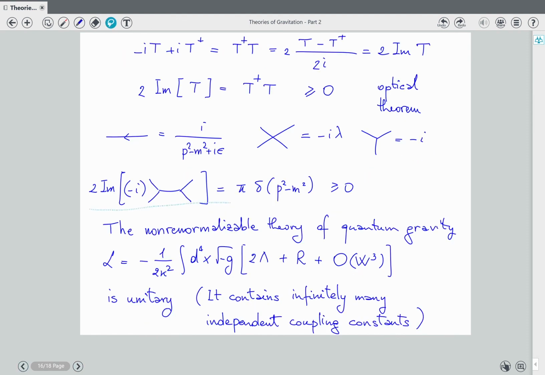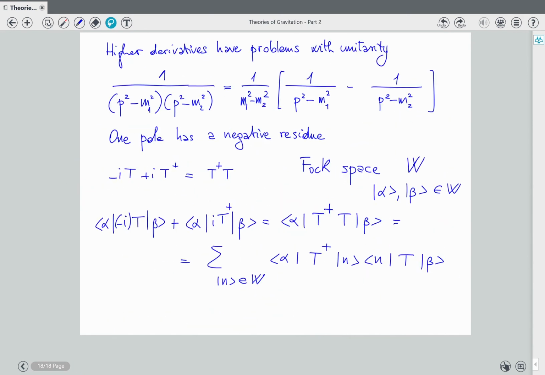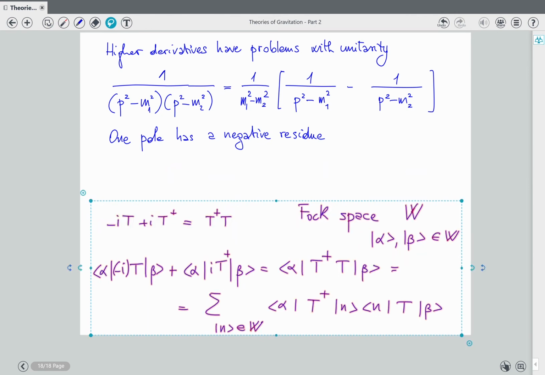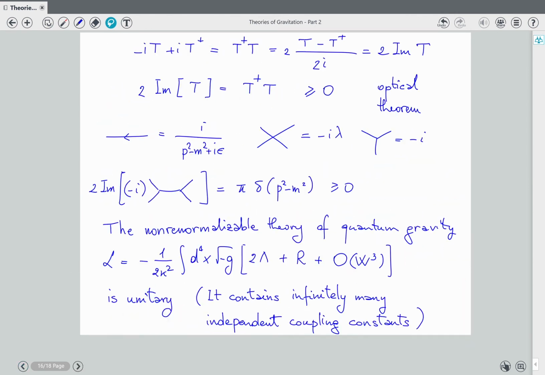So let us do it. Yes, there is room enough to do it here explicitly.